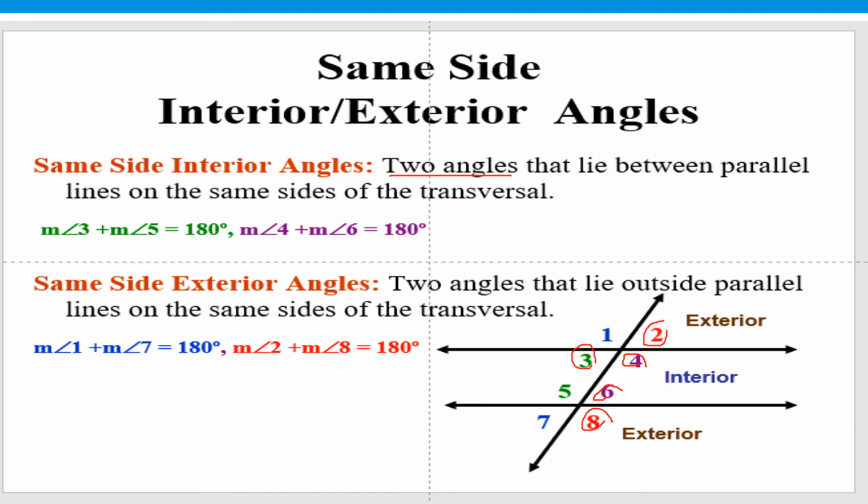So we have same side interior 3 and 5, and same side exterior, which is 1 and 7. Two angles that lie outside parallel lines on the same side of the transversal, we call them same side exterior angles. Okay, and the total measure, of course, is 180 degrees. That means they are supplementary.